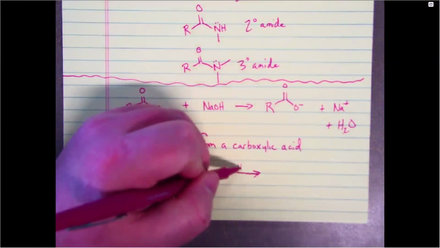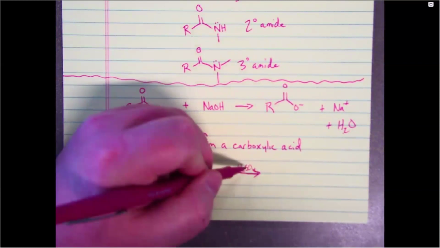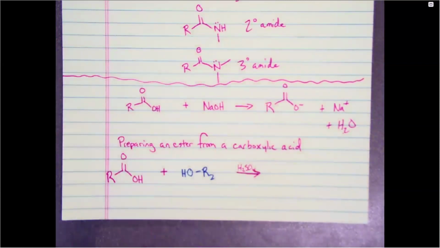If we use some sort of an acid catalyst, like H2SO4, we end up getting a reaction where this OH group comes off and gets replaced with this oxygen that's bound to the other alkyl group.